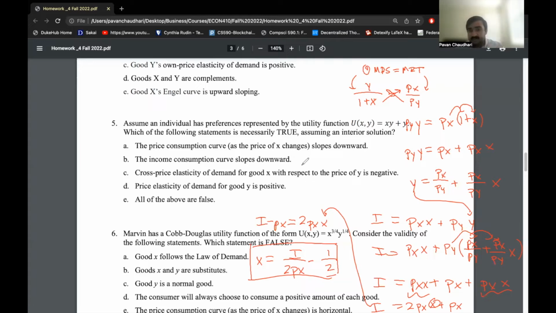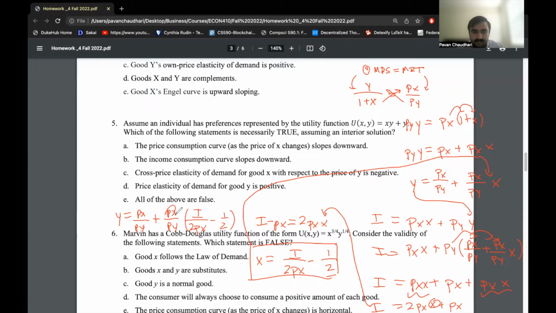And then we're going to take this. We could either plug it back into the budget line, which would be unadvisable, I would not do that, or what I advise you to do is plug it back into here for x. And so then we'll get y equals px over py plus px over py times I over 2px minus 1/2.